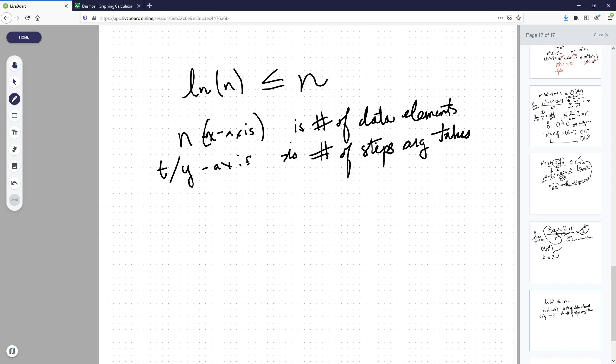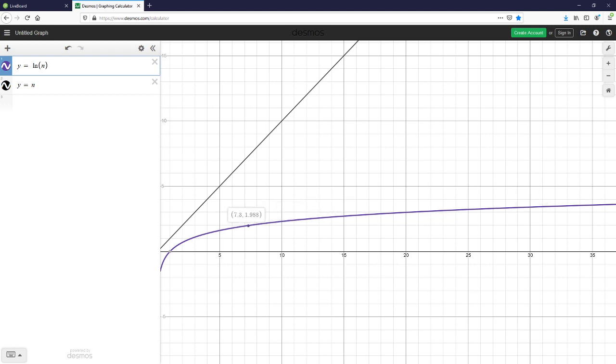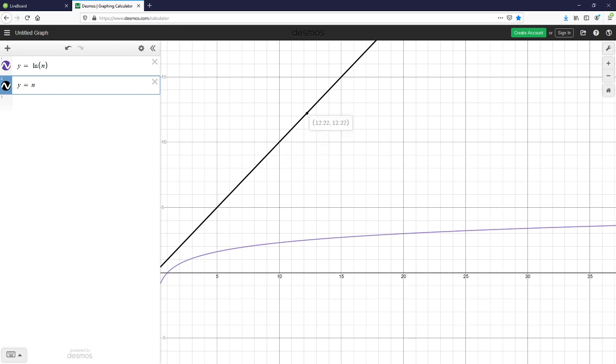Yeah, and so you can think of it as runtime. And so clearly, if you have a function like natural log here, and the function is just so much less than this function, then you're going to want a function that can run faster than a function that goes up higher, because functions that are bigger have higher run times. Functions that are smaller have lower run times. So that is exactly right.